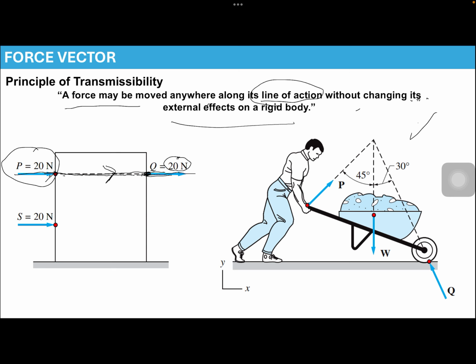So, tingnan naman natin itong second image. Principle of transmissibility dito. Basta ipag-act mo yung force along its line of action, the same pa din yung effect niya sa body. So, ibig sabihin kung i-evaluate natin itong bar ng wheelbarrow na to, you can easily evaluate this kung lahat ng force mo ilalatag mo sa horizontal bar ng wheelbarrow na to.